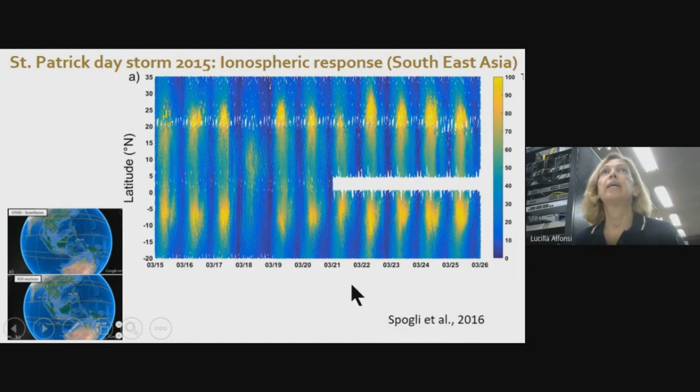And then again, on the 22nd, during the recovery phase of the storm, we have another expansion of the Equatorial Anomaly. This was taken from a network of receivers in Southeast Asia, Indonesia, Vietnam, in particular, Philippines.